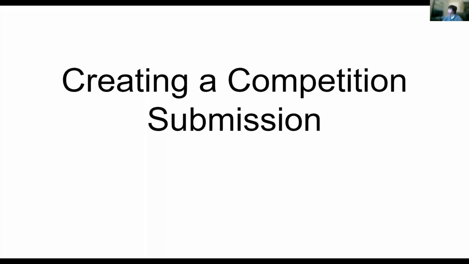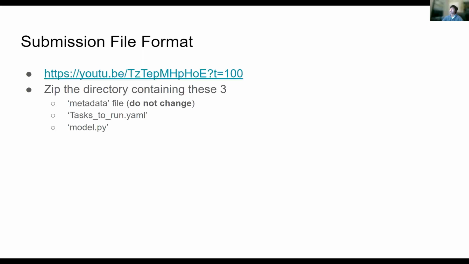This portion is for if you're specifically interested in submitting to the competition. It's perfectly fine if you want to focus on the hackathon subset here, but in case you're interested in submitting to the competition, this is how you would do it. There will be a directory containing 3 basic files. There's a metadata file that you should not change.